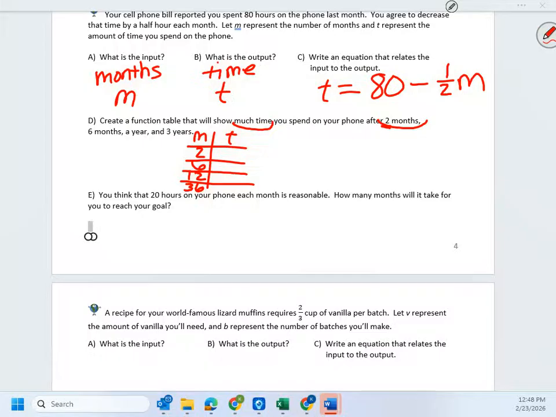I don't want us to stare at it and say I have no idea what to do, because you should be able to do A and B, right? You should be able to figure out that input. Look at what inputs they're giving you. If they're giving you months, you know that's your input. So then you should know what your output is, the other variable. So we should have that starting point. Then try to determine what rule we are doing.